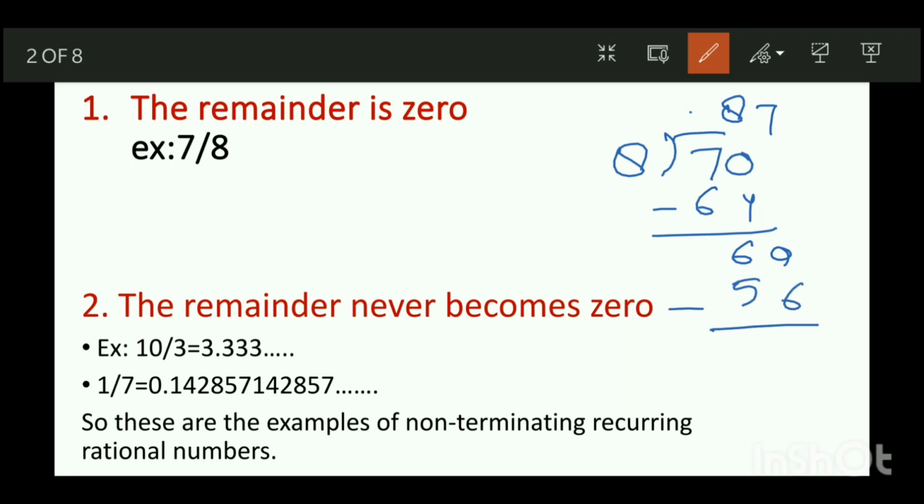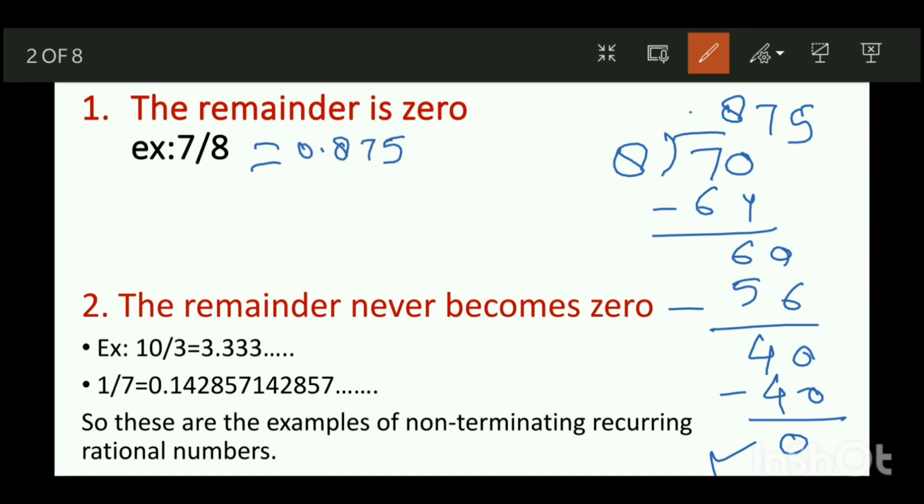I hope you all know division very well. 4 is the remainder. 8 5s are 40. So we get remainder 0 here. So 7 by 8 is equal to 0.875. This is also a terminating decimal expansion where the remainder is 0.